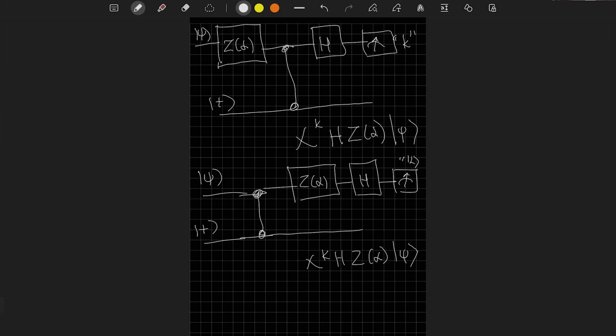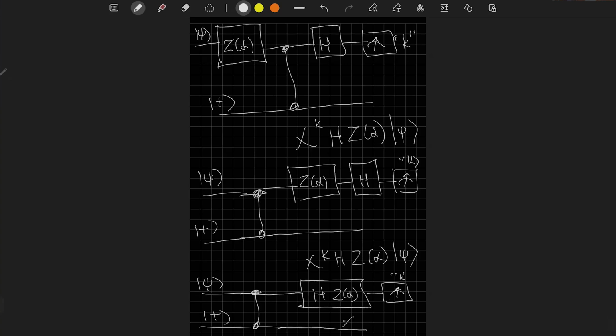If I put both of these together as one operator, for convenience I can write this as psi, controlled phase, plus Z alpha followed by an application of H, measurement K, and the qubit is seeing a transformation X K H Z alpha.